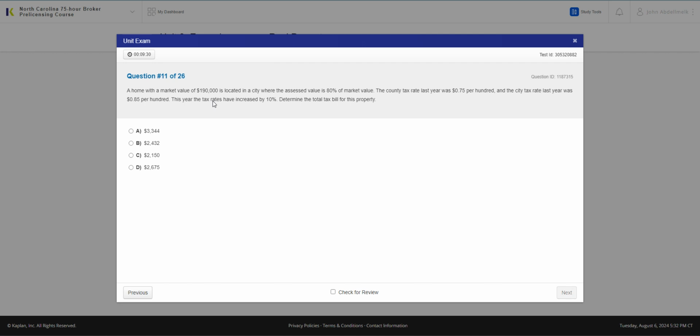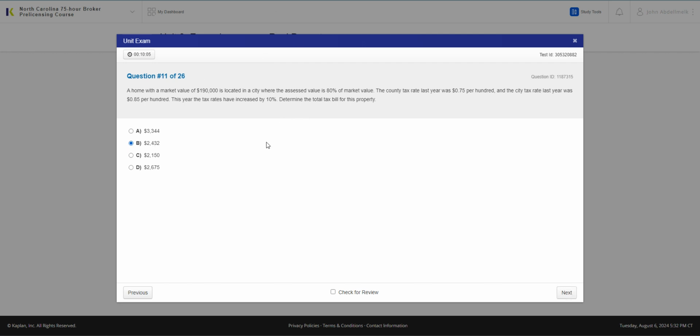But I would do 0.75 plus 0.85, which gives 1.6. Divide that by 100, and that would give you 0.016. Then you take the 152 grand and multiply that by 0.016. You would get this number right here. That's what your answer would be.